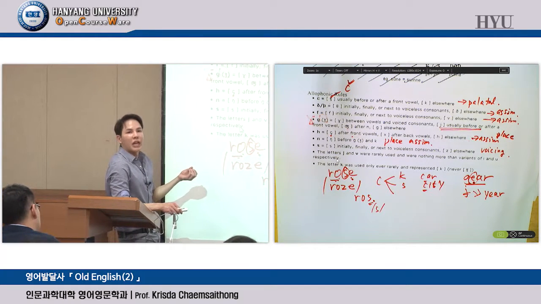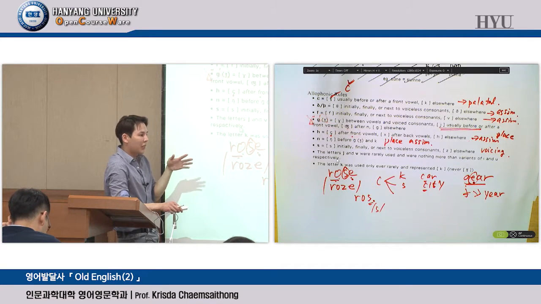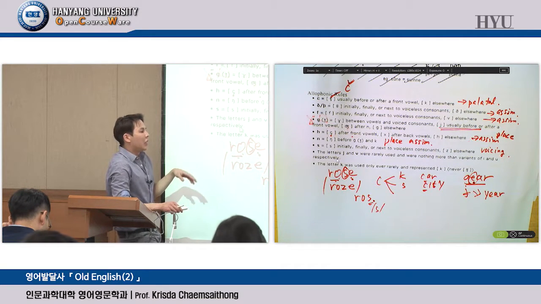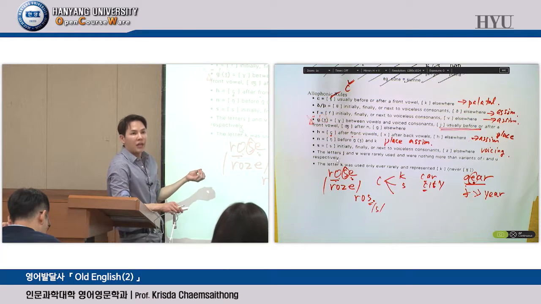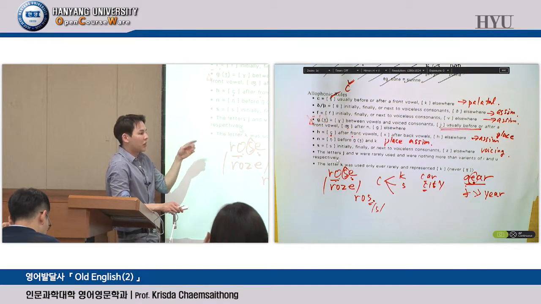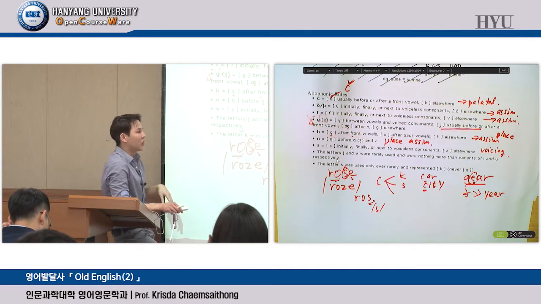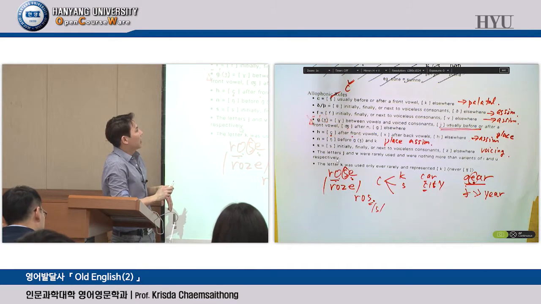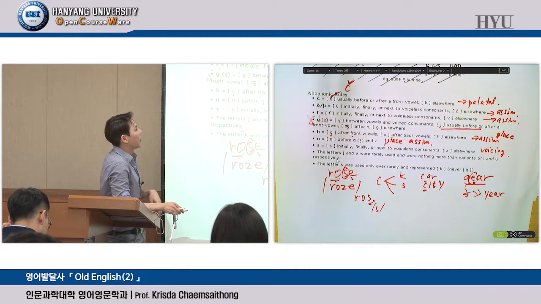Remember the sound that is represented by the symbol J. This sound is a glide, right? It's a semi-vowel, which has a relationship with the vowel E, right? So that's why it comes on when it's close to a front vowel, like that.